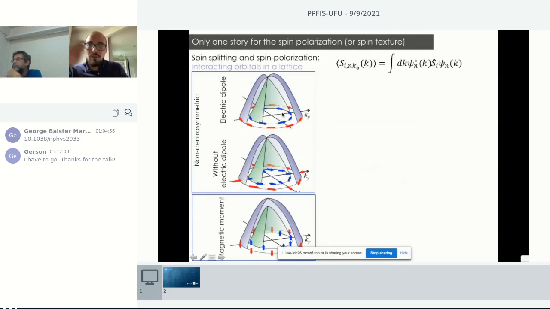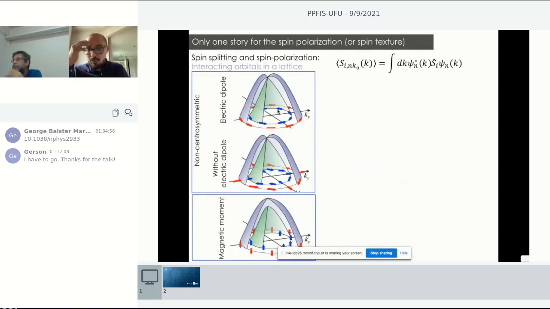And look for one second here at the spin, for instance, blue and red, which means the clockwise and anti-clockwise helical spin in bands that have a splitting here. These are two bands, red and purple. Well, these two spins, red and blue, are always perpendicular to the momentum. If you put here a vector, you will see that the spin is always perpendicular to the momentum, the k vector.